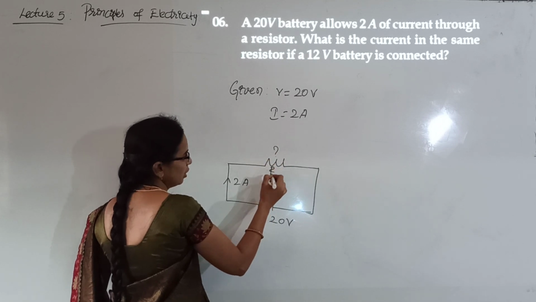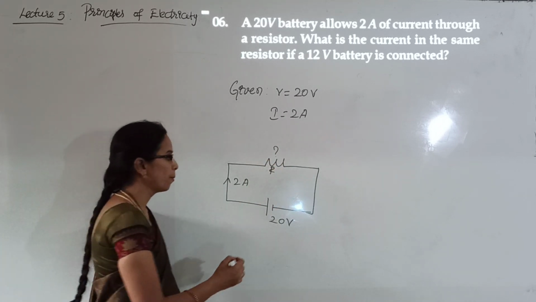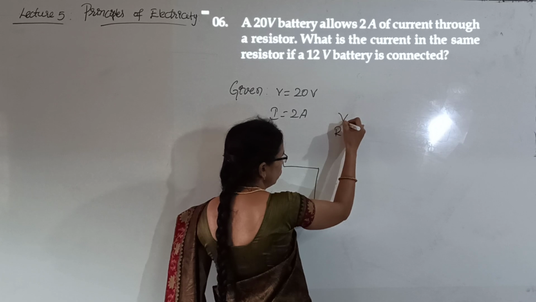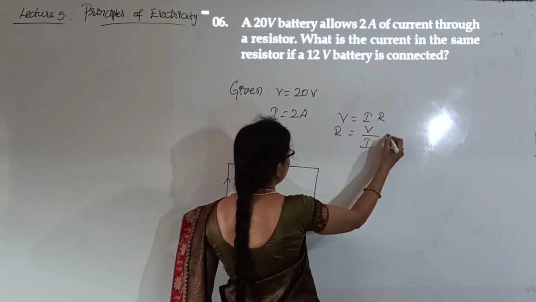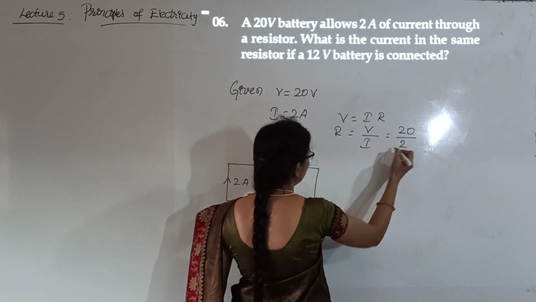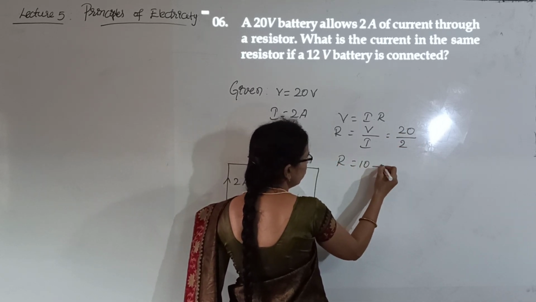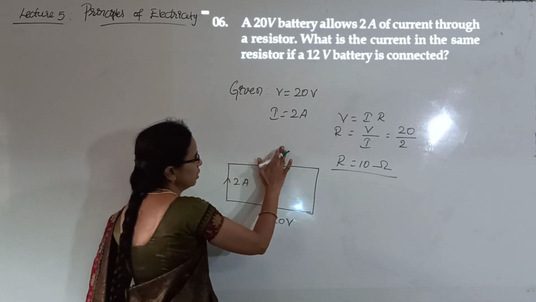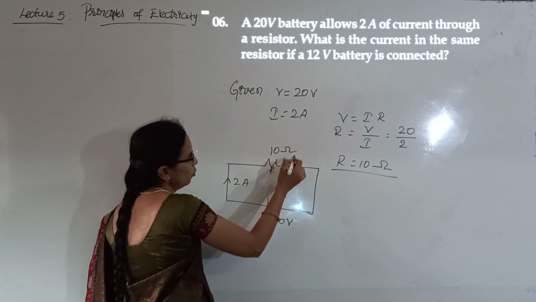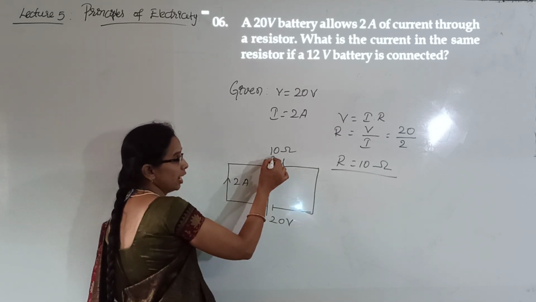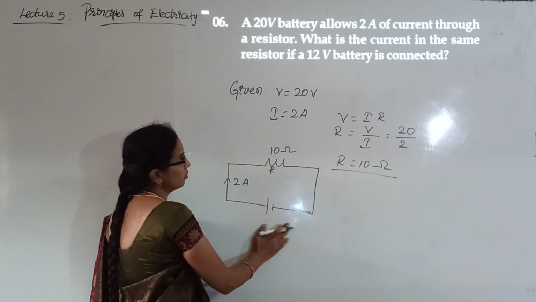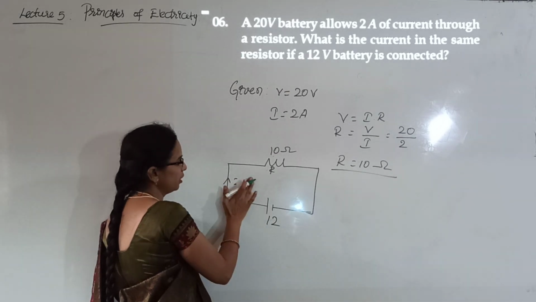For that, V is equal to I into R, so R is equal to V by I. That is 20 divided by 2, then R is equal to 10 ohm you will get. What is the value of R? 10 ohm.